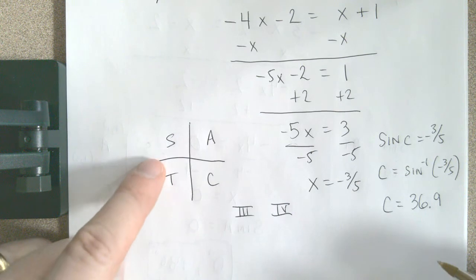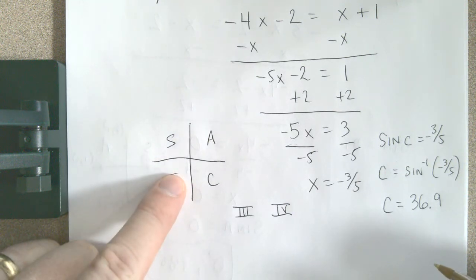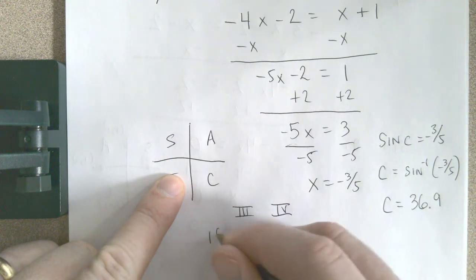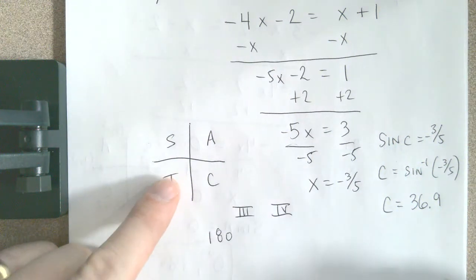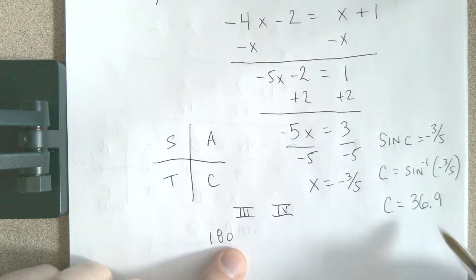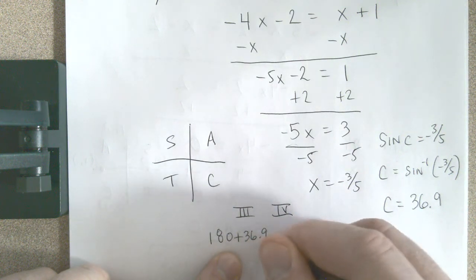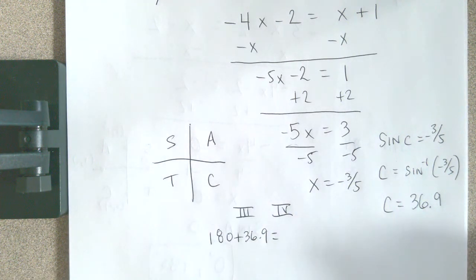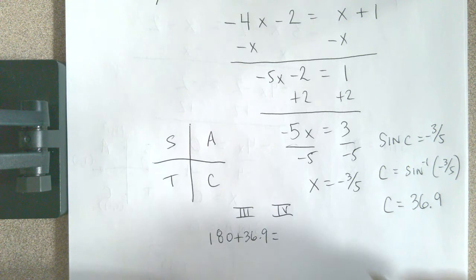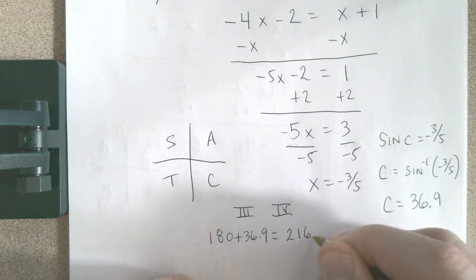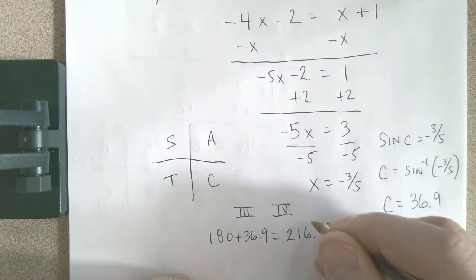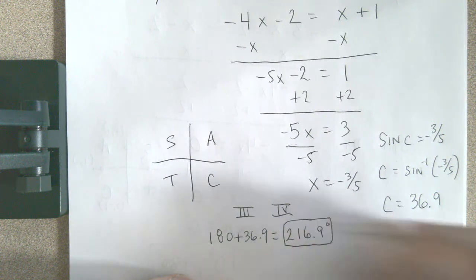So to get my value in the third quadrant, I'm going to do 180 degrees plus my 36.9 that we just got on our calculator. So I do 180 plus 36.9, and that should give you 216.9. So there's my first answer to that equation.